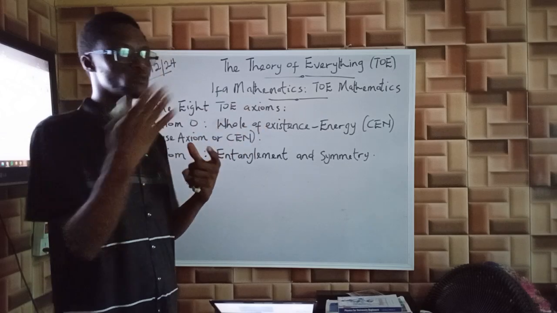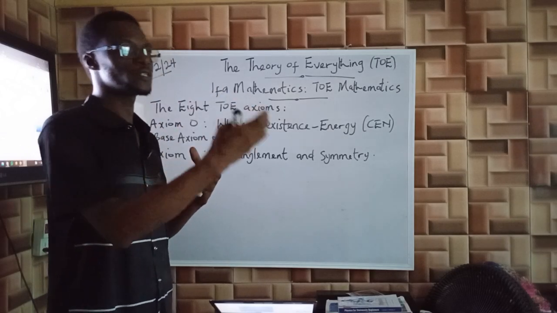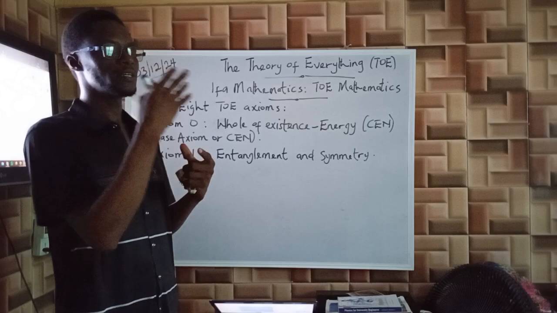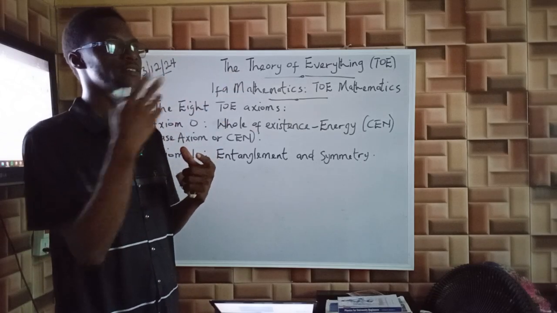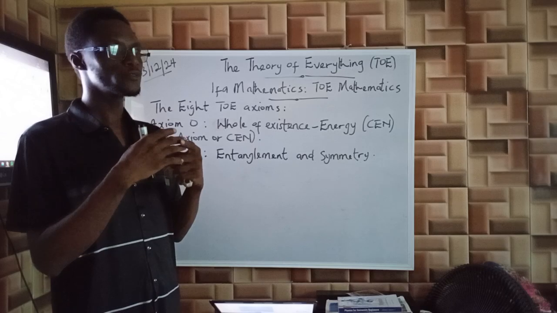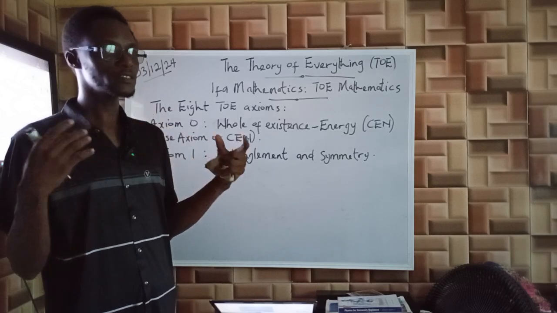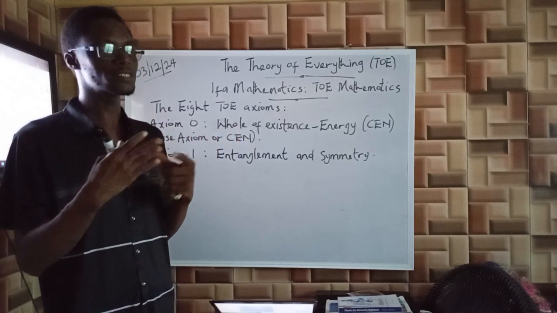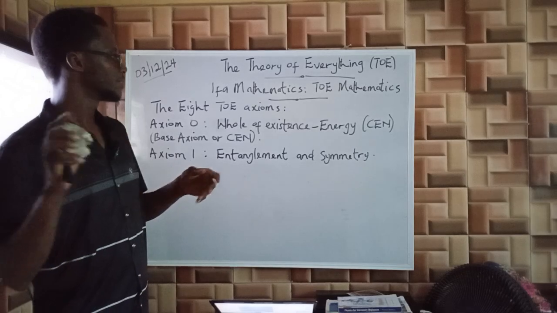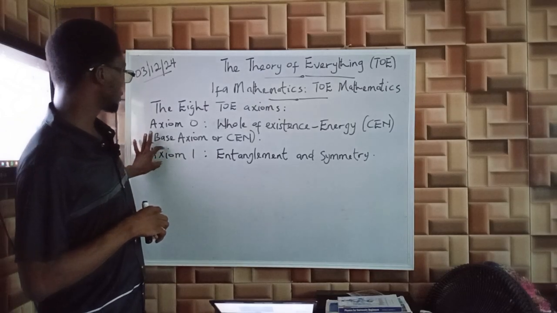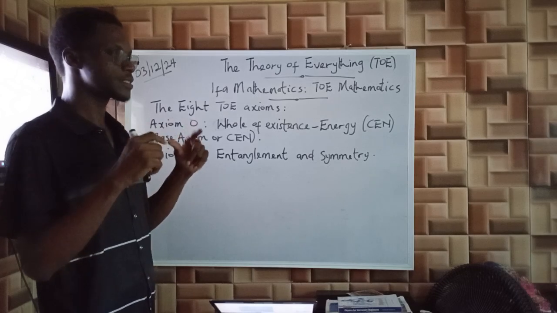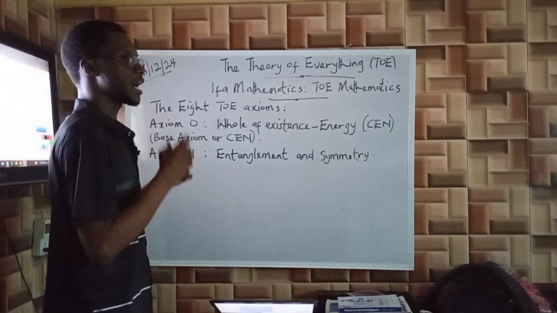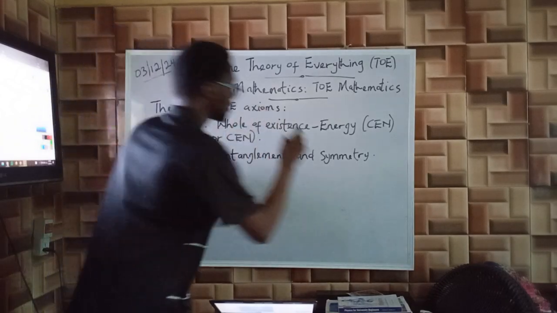Examples are man and woman, positive and negative, good and bad, light and dark, day and night, and so on and so forth. There are infinities of these symmetries in nature. They are reflective of axiom 1, entanglement and symmetry, saying that all things in nature are connected and balance one another.